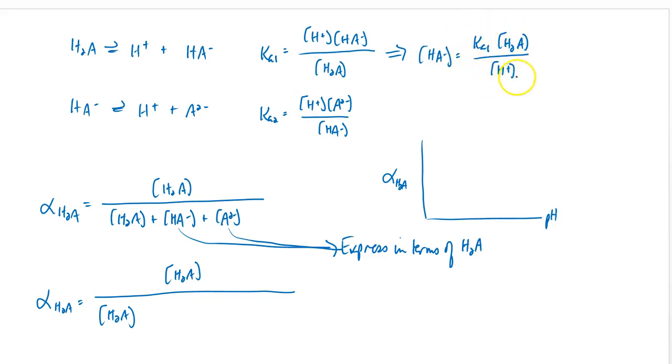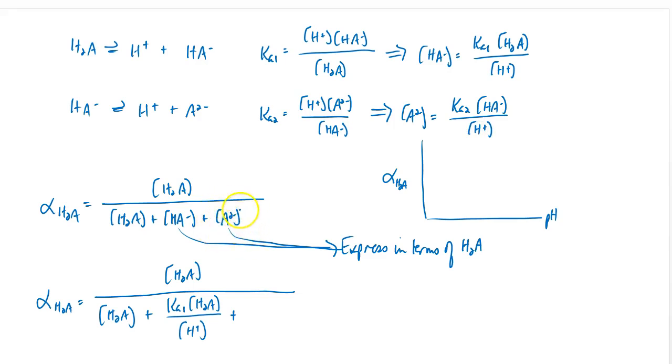I'm going to write this expression here for HA minus. And now I'm going to do the same thing for A minus 2. Let me rearrange Ka2 and solve for A minus 2. That still isn't quite there.